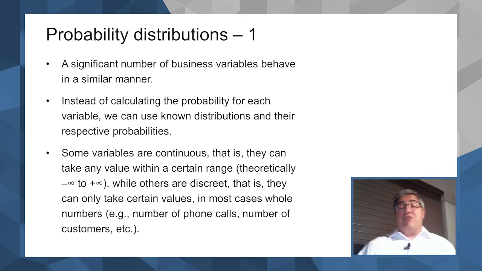Some variables are discrete, so they can only take certain values. For example, number of phone calls, you can't have 4.5 phone calls. Number of customers, again, you can't have 4.5 customers. So they only take discrete numbers, normally whole numbers.